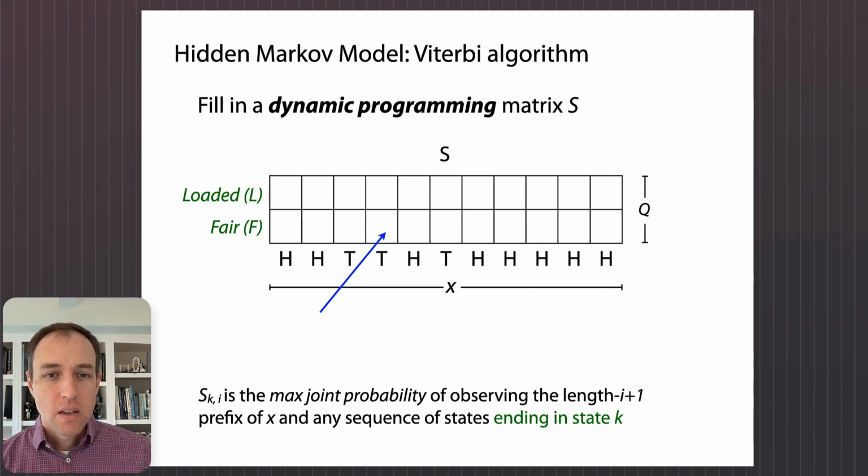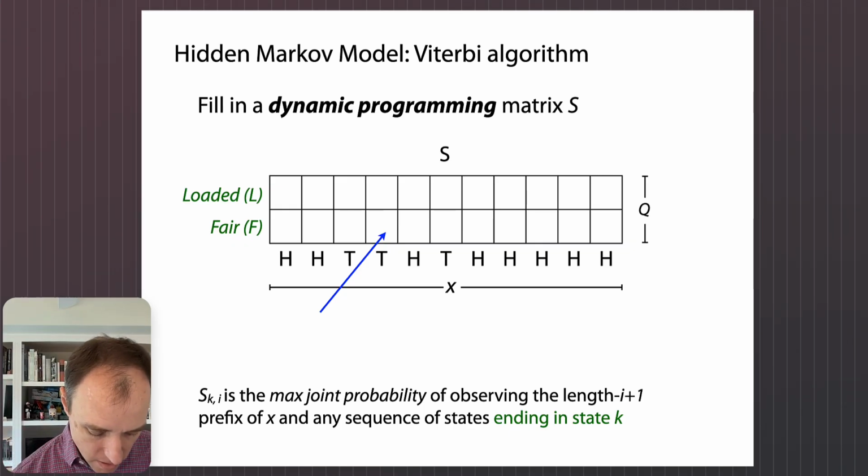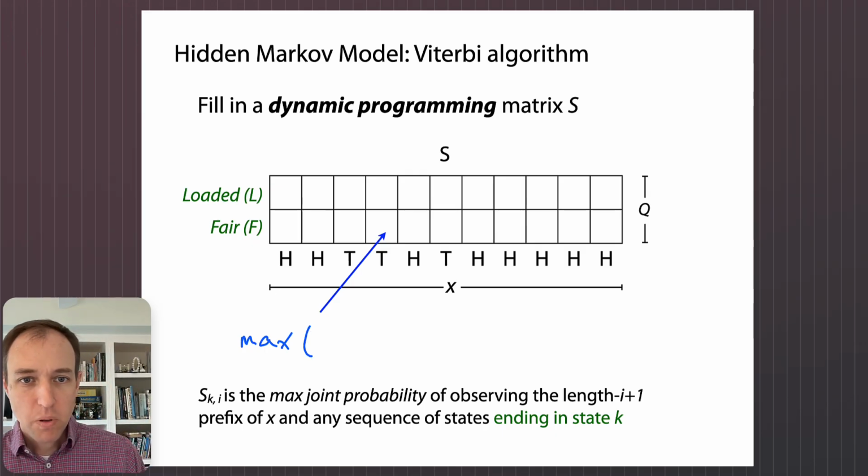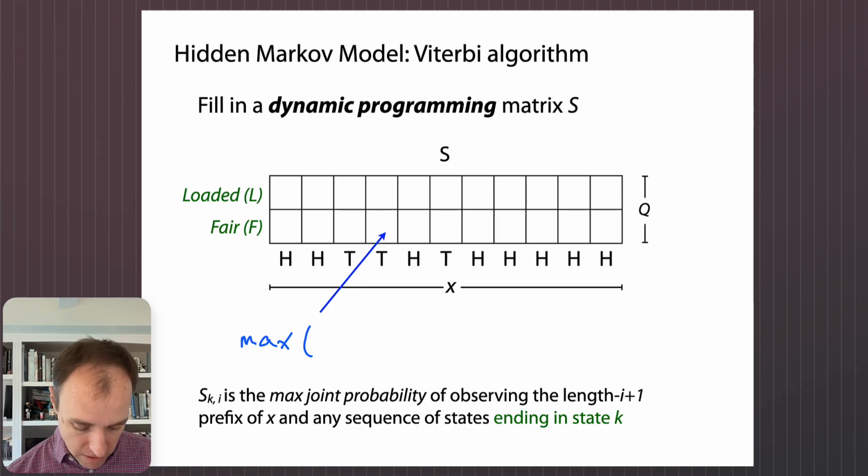Well, it would be whatever maximizes all possible length 4 paths ending in F, right? So over all possible length 4 paths ending in F, and I'm going to write that this way for now, XXXF.